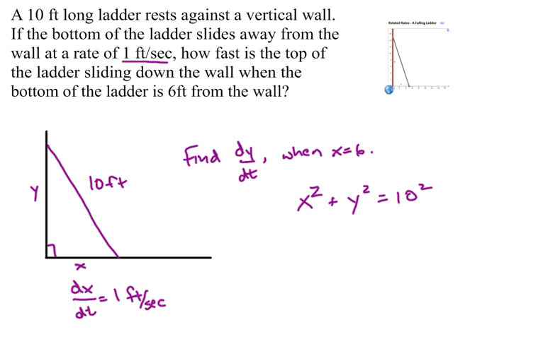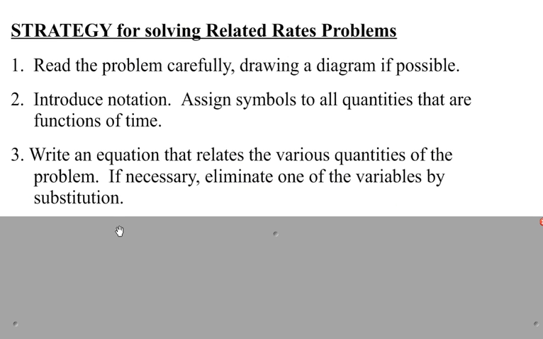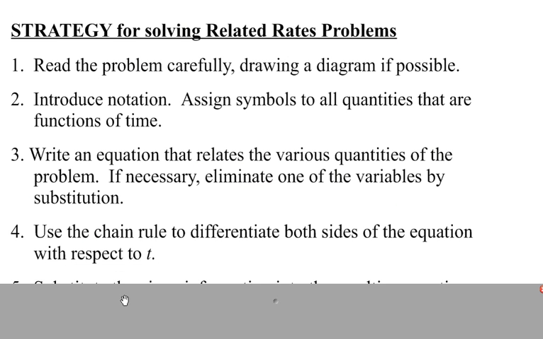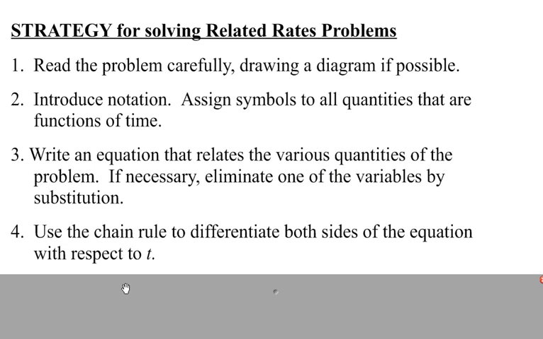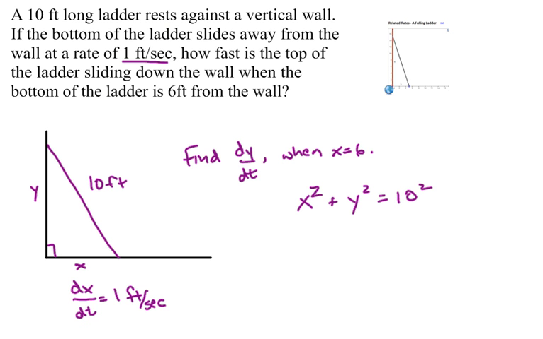Everything looks good. All right, our next step now is to use the chain rule to differentiate both sides with respect to t. So all my derivatives are with respect to t. So the derivative of x squared will be 2x dx/dt plus the derivative of y squared, 2y dy/dt, and 10 squared is simply a constant, so I get 0.